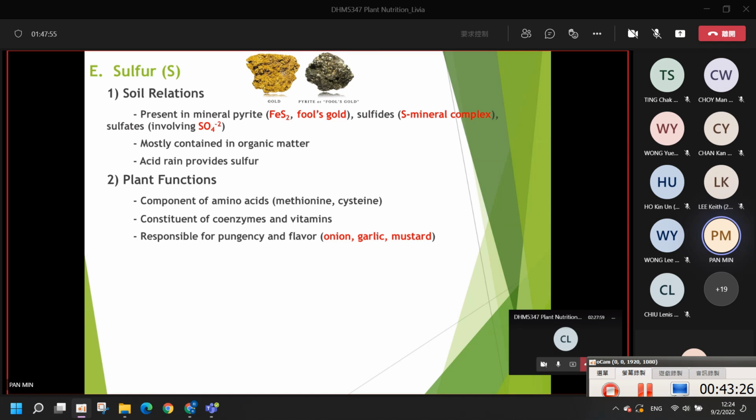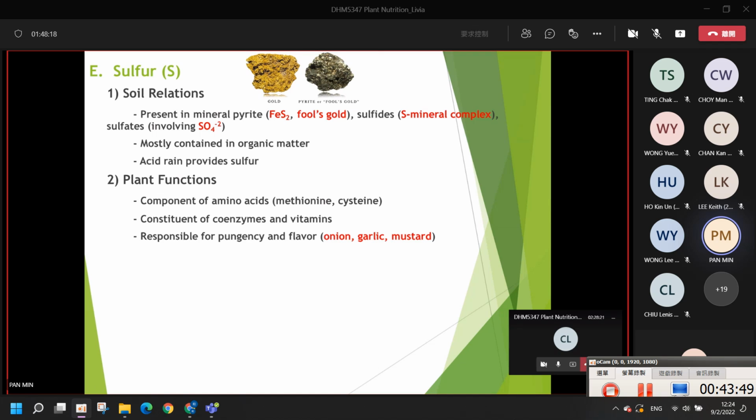And sulfur, another one. The sulfur in soil is present in the mineral pyrite. The pyrite is similar in color to gold.